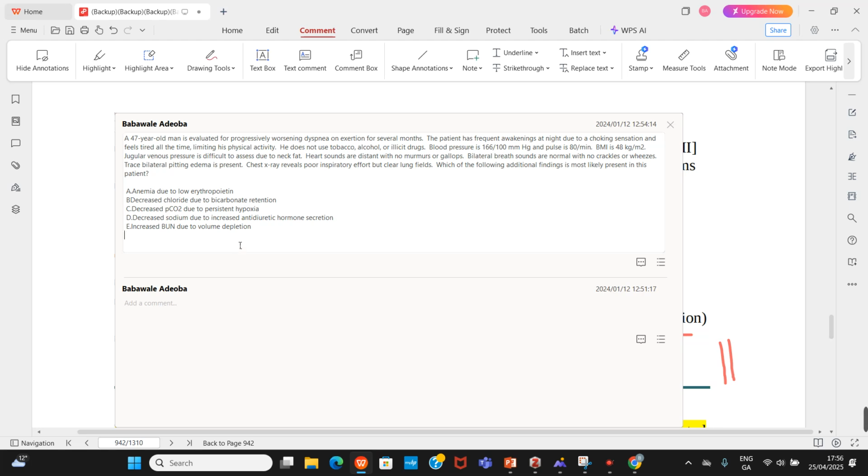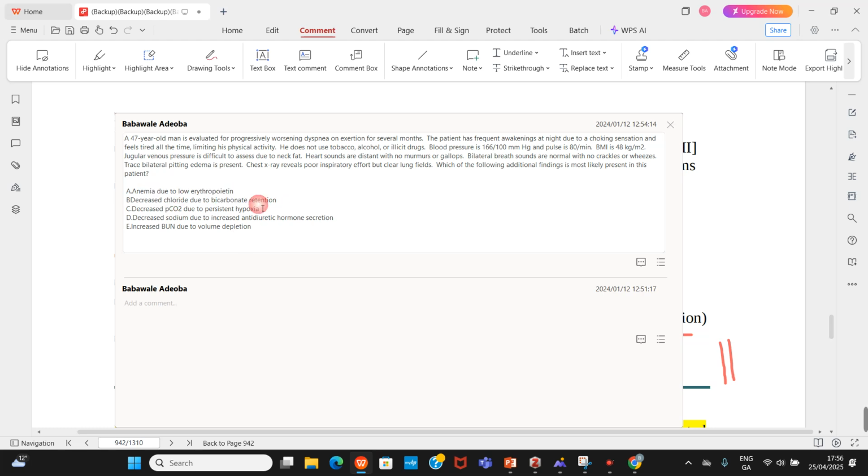So PCO2 accumulates. There's a respiratory acidosis. And the way the body can compensate for that is by reabsorbing bicarbonate in the kidneys. So that's a reduced chloride due to bicarbonate. And you know that if you are retaining bicarbonate, you must not be retaining chloride again, because both of them are negative, they're anions. So you have one anion already, discard the other one. So that is why, because of the bicarbonate retention, we have to discard chloride.